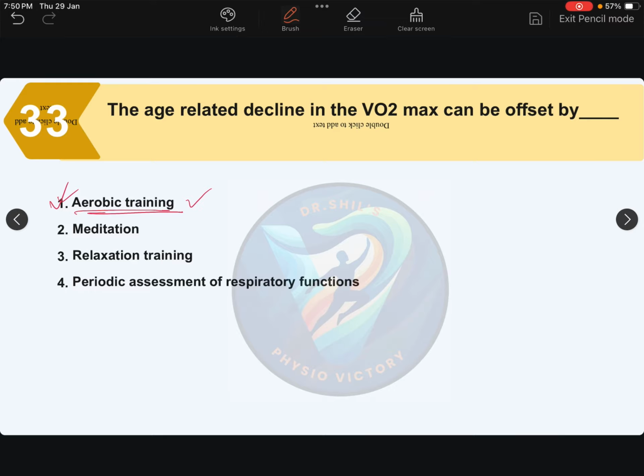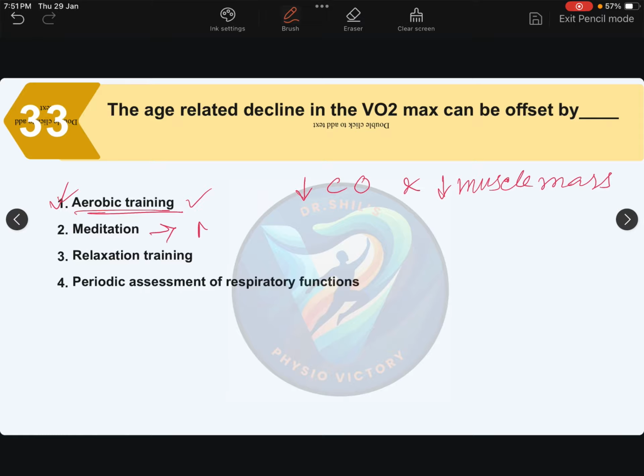VO2 max declines with age due to reduced cardiac output and reduced muscle mass. Regular aerobic training basically improves oxygen utilization, increases stroke volume, and slows age-related decline.